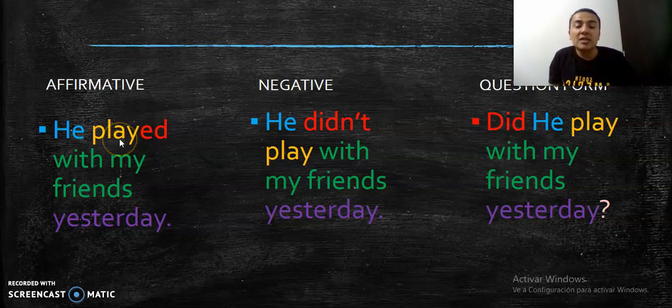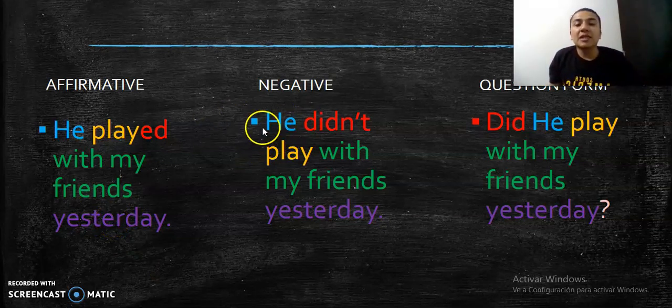This case is a regular verb, so that's why I add the ed at the end. The complement, with my friends, and additionally, some of the sentences have a time expression. Time expression actually refers to the past. So in this case, yesterday means yesterday.